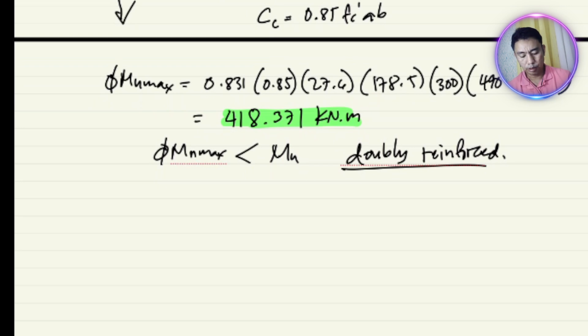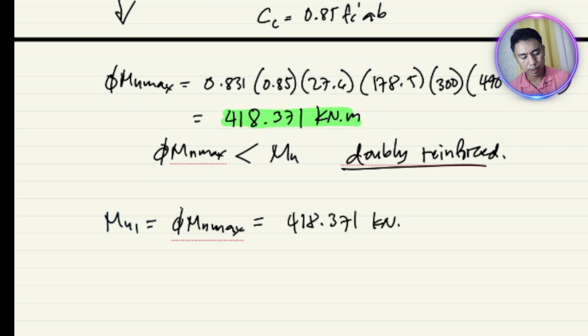Now, so let's start with the doubly reinforced. So meron na tayong Mu1. Di ba ang Mu1 natin is equal to phi Mn max. So meron na itong Mu1 which is 418.371 kilonewton meter.